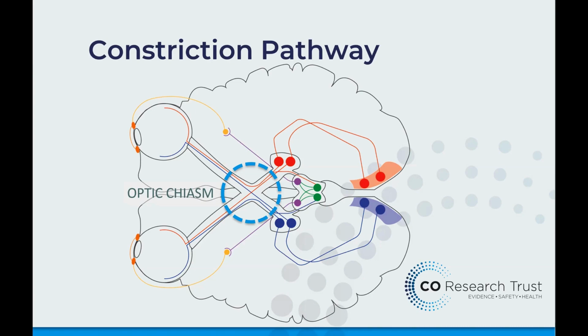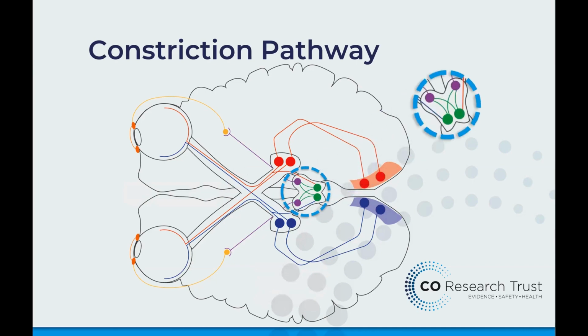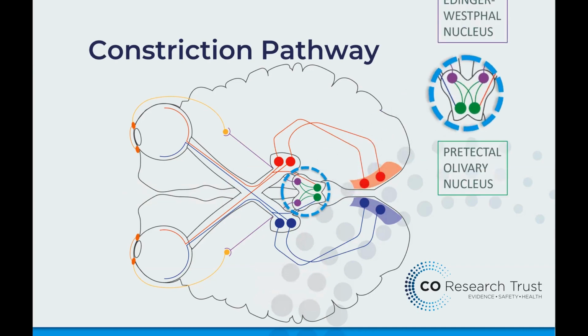While some fibers will continue toward the lateral geniculate nucleus in order to carry on its journey towards the occipital lobe, others will travel through the pretectal olivary nucleus in the dorsal midbrain and are projected to the Edinger-Westphal nucleus.